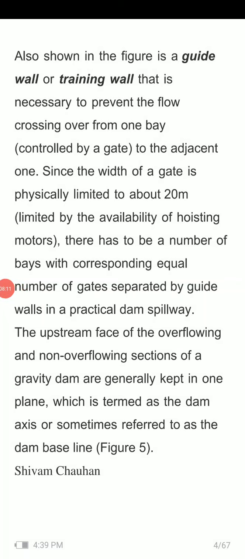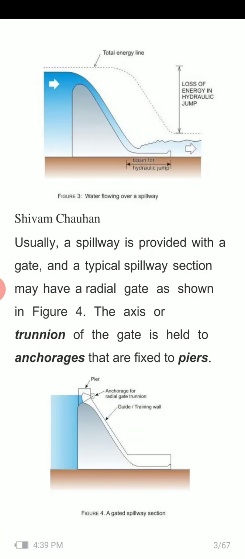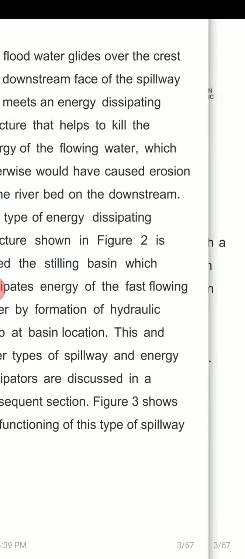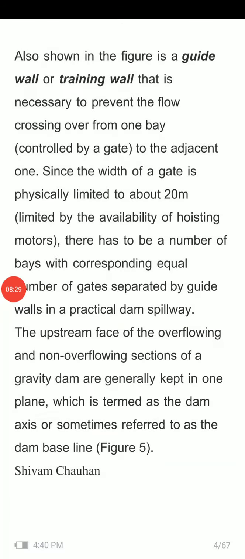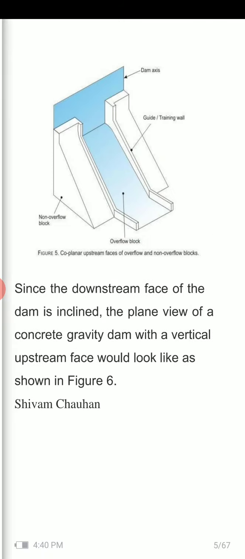The upstream face of the overflowing and non-overflowing sections of a gravity dam, as you can see in the earlier figure, is kept in a single plane, which is termed the dam axis or sometimes the dam base line.